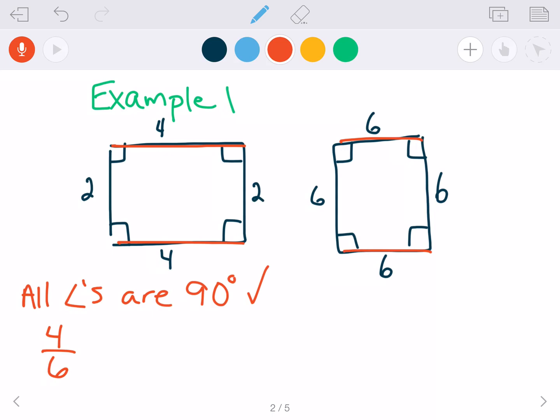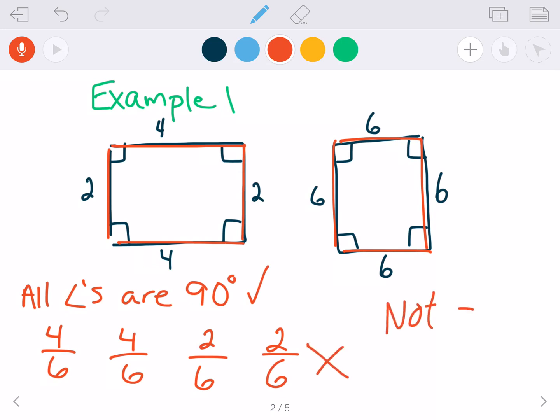So we're going to take each of the sides and compare them. So 4 can go with 6. So we've got 4 over 6. We've got this one, which is also 4 over 6. But now we're comparing two sides in this way. So we've got 2 over 6, and then we've got another 2 over 6.